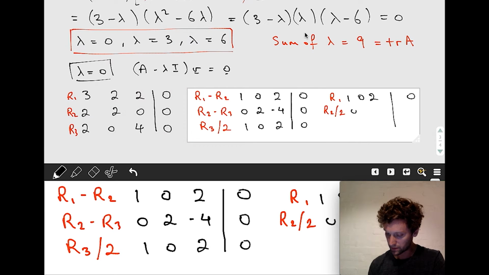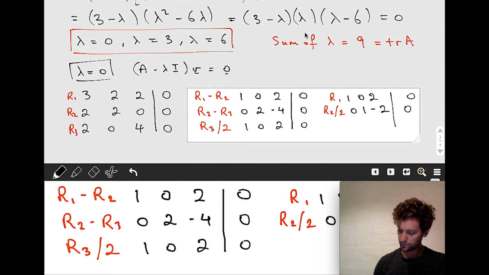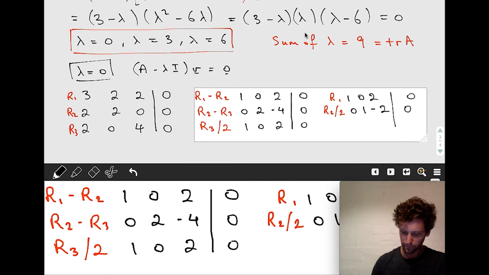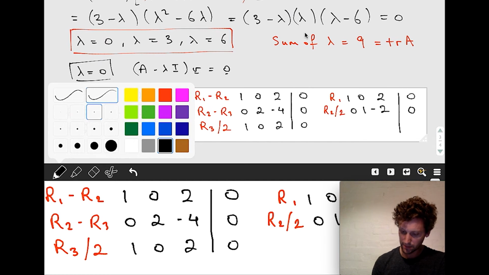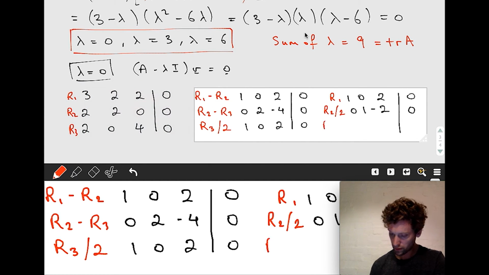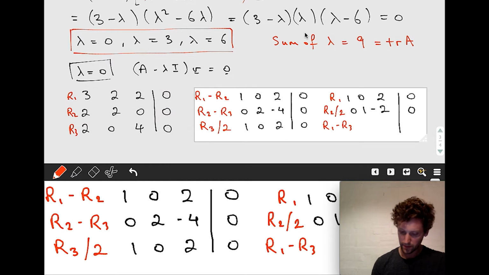That gives me 0, 1, minus 2, 0. Let's line these up a little bit better. And let's subtract row 1 minus row 3. That gets rid of my bottom row.